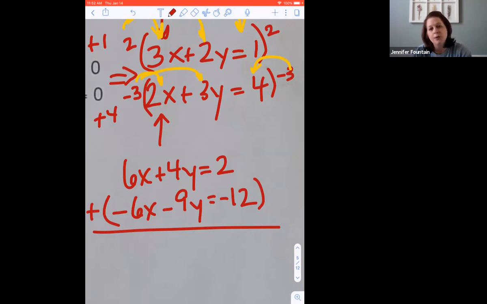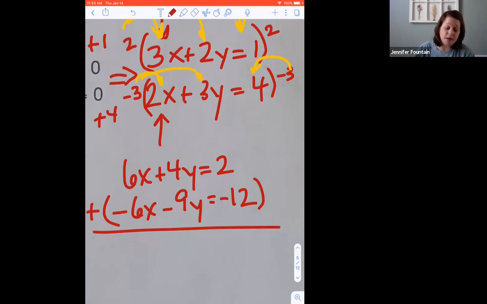Any questions on how we've gotten there so far? I just looked and said, hey, I can't multiply just one equation, so I'm going to have to multiply both equations. Now, realistically, I could have multiplied my first equation by 2 and my second by negative 3. I could multiply my first equation by negative 2 and my second by positive 3.